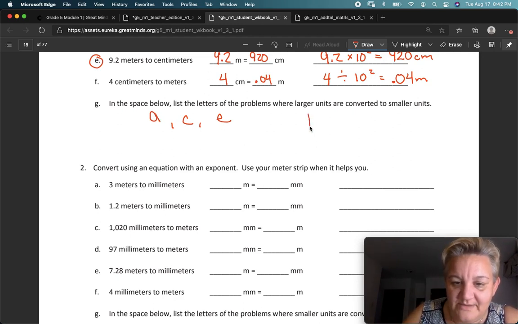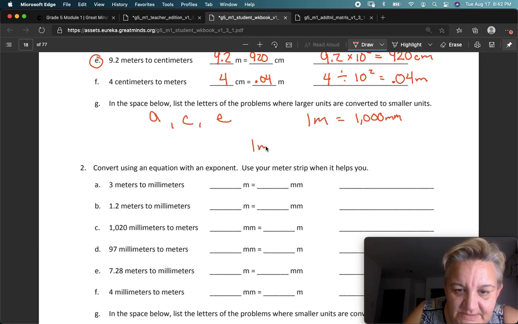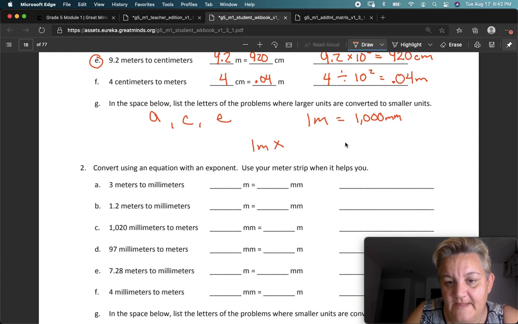If I have 1 meter, that equals 1,000 millimeters. Remember, 1 millimeter is 1/1,000th of a meter. That means that in order to convert, if we're changing meters to millimeters, we have to multiply by 1,000.